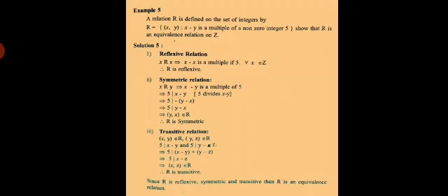You get 5 divides x minus z. Simplification. Then (x, z) also belongs to relation R. Therefore, R is transitive. Since R is reflexive, symmetric and transitive, R is an equivalence relation. It has to satisfy all these conditions, then it is said to be an equivalence relation.